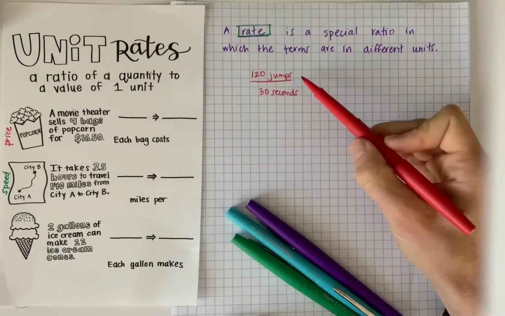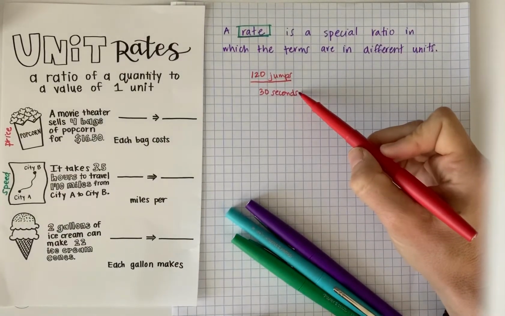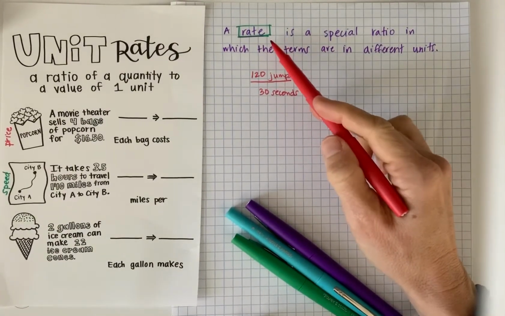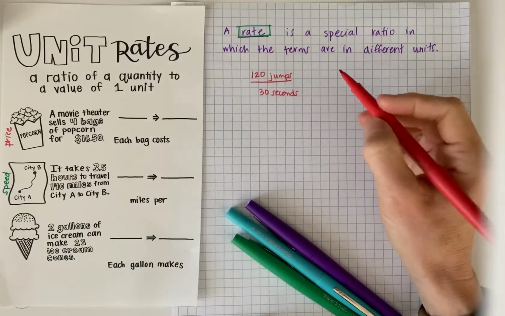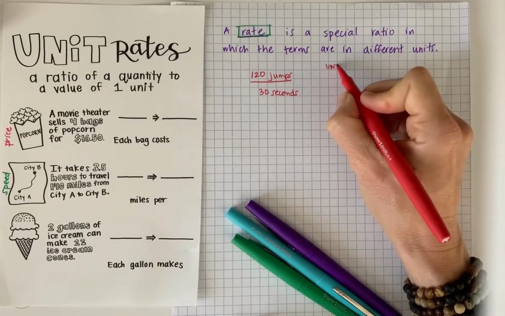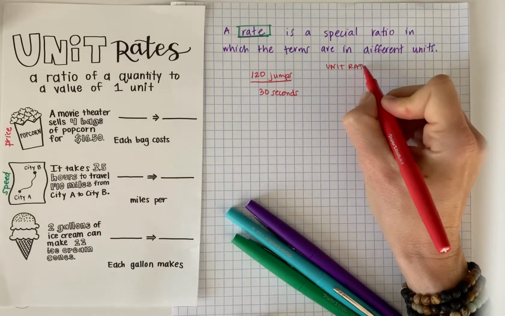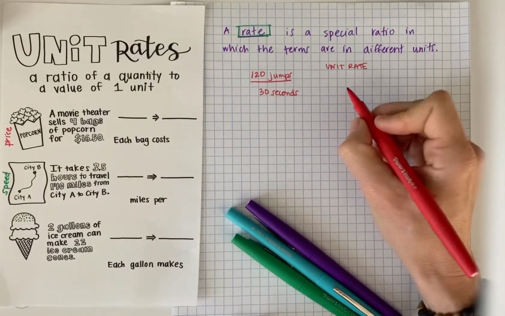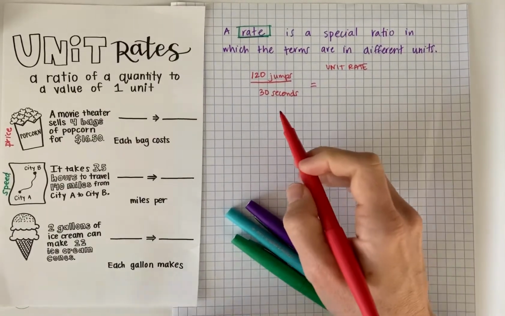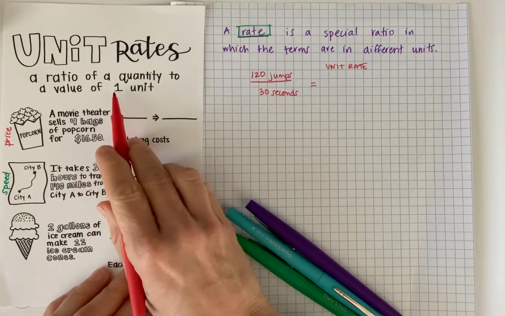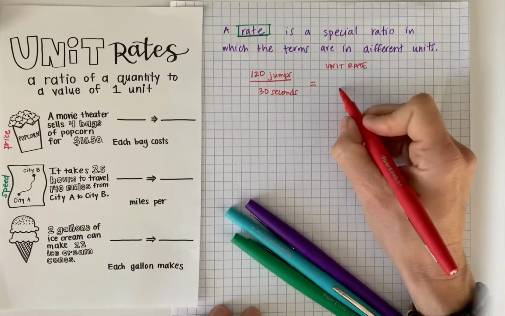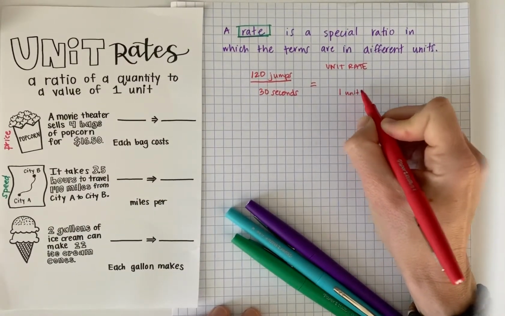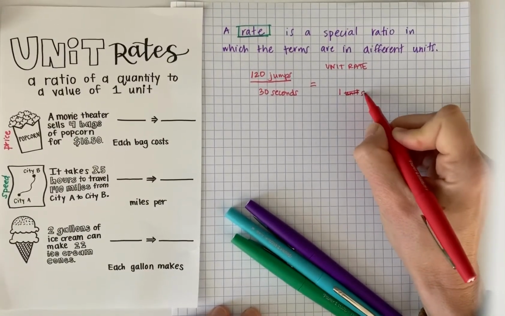So the units are jumps and seconds, which are different units, so that means that this is a rate. If we wanted to find the unit rate, we would figure out how many jumps she was able to do in 1 second. So that's making a comparison to a value of 1 unit, so 1 second.